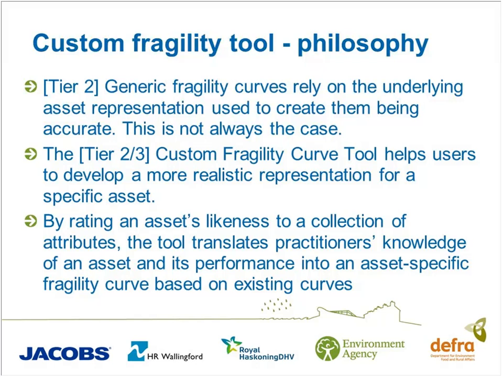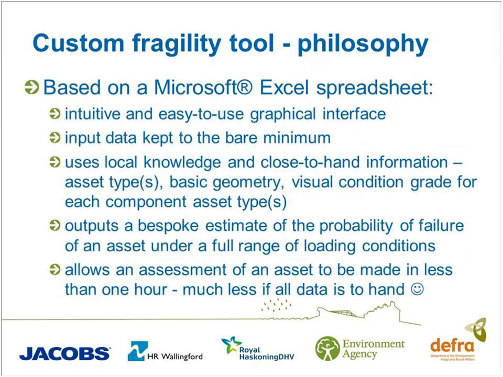And the idea of this is to get to a more realistic representation for a specific asset by rating the asset's likeness to a collection of different attributes about the defence. So it's taking your knowledge about that defence and trying to reflect that in the form of the fragility curve.